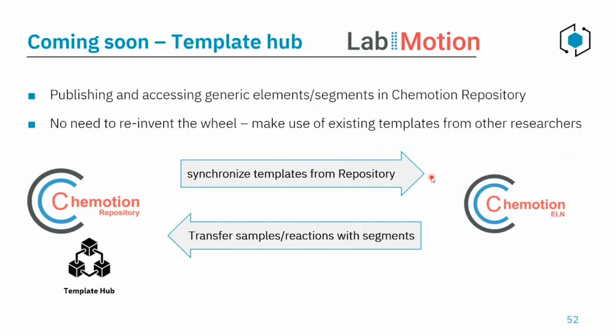And we really hope this community process will then build a broad library of templates that other people can use. So the idea is that you can then synchronize templates from the repository, and then also this enables you to then also publish these additional aspects from the generic segments in your samples and reactions.